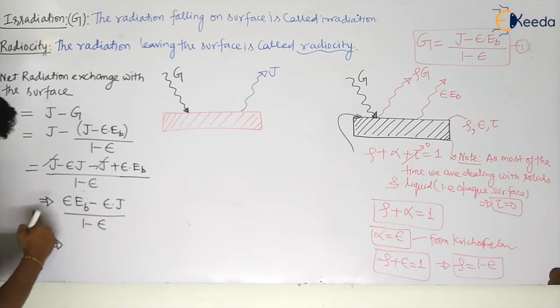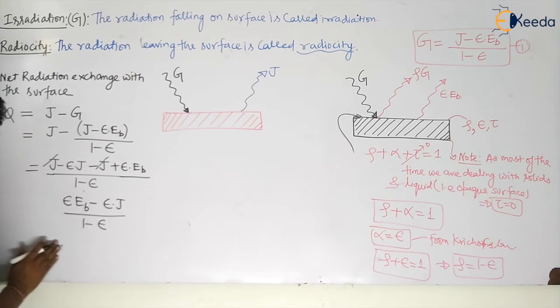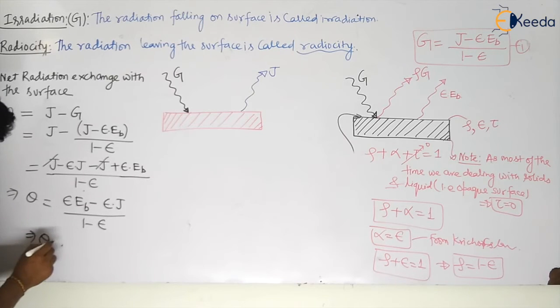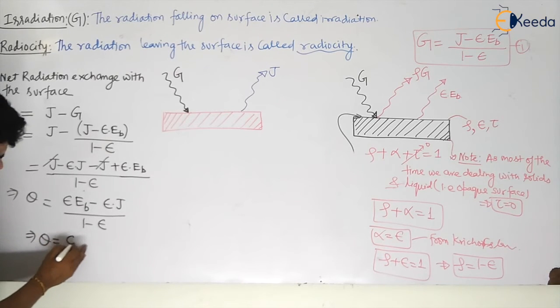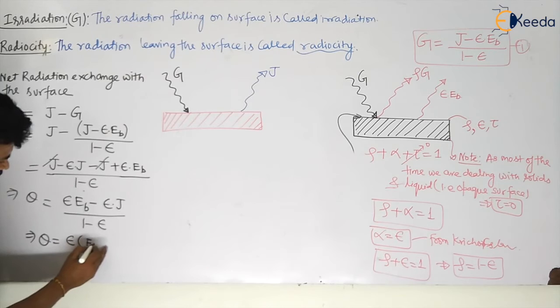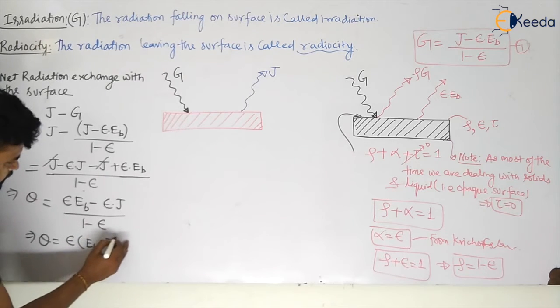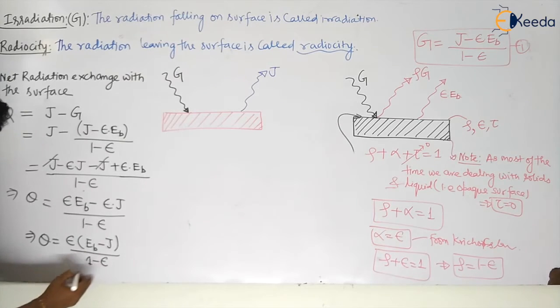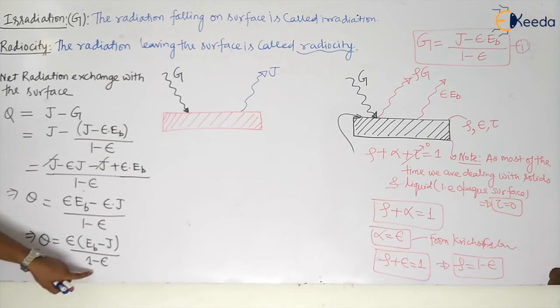So if I take E out, that implies Q is equal to E, I am taking out, this will become EB minus J and 1 minus E, my dear students.